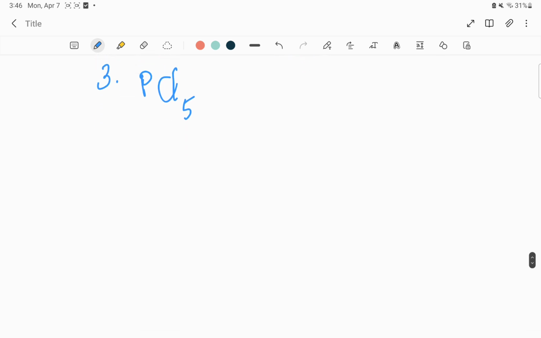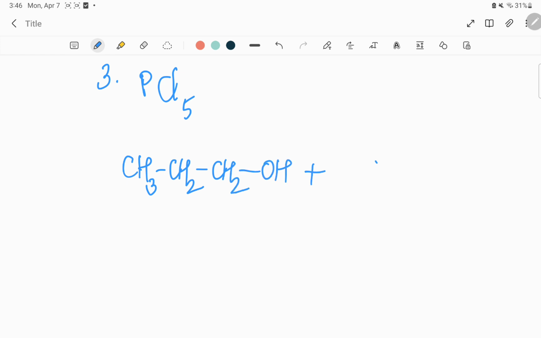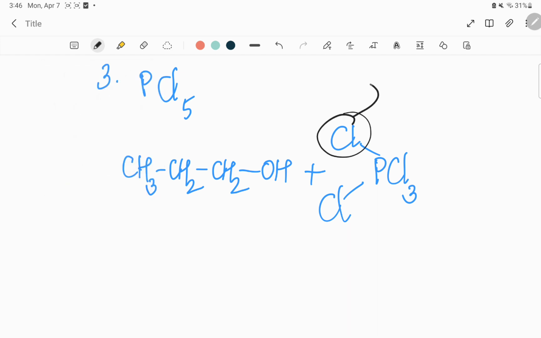So, if you have, let's say, an alcohol like propanol, CH3CH2CH2OH, and I am adding phosphorus pentachloride, then what happens is one of the halogens will get substituted and you will be getting C3H7Cl, that is chloropropane.